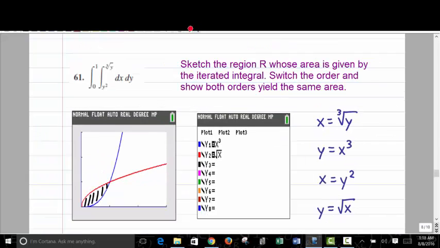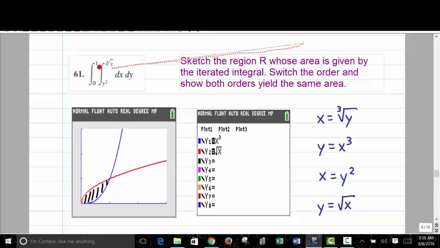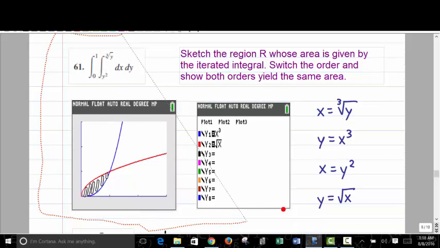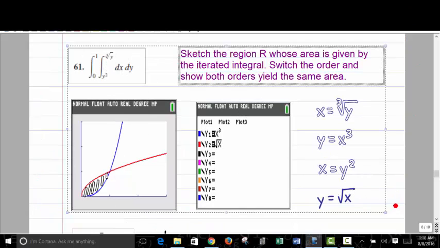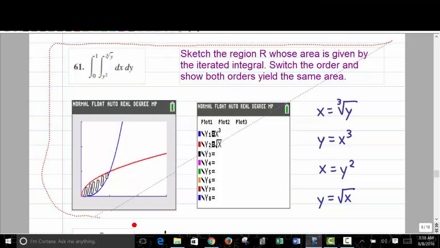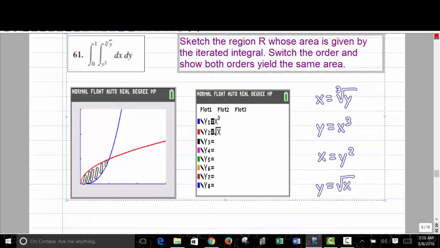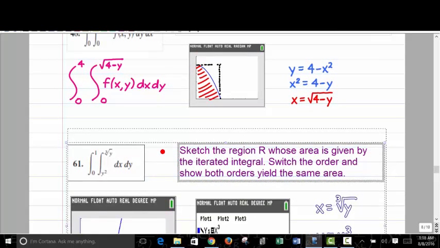All right, let's see what this one is. Switching them again. Cannot get this to cooperate. Let's see. There we go. Go up a little bit there.